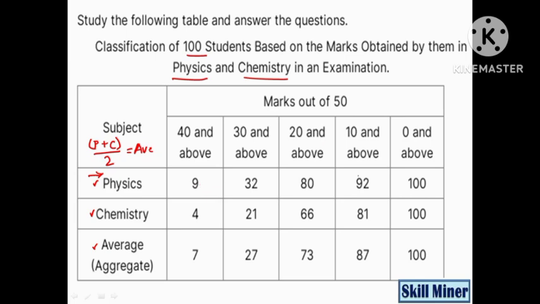You need to understand the table in this manner. So please pause the video, copy the table in your notebook and understand it well. Now I am moving to the first question. Guys, before moving to the first question, please pause the video and understand the table and note it separately in your notebook.